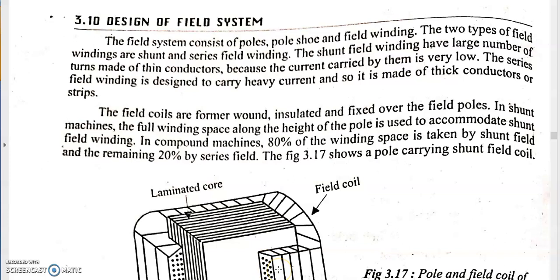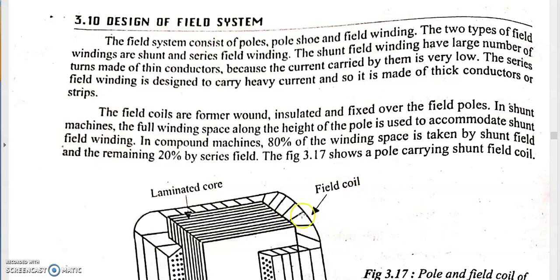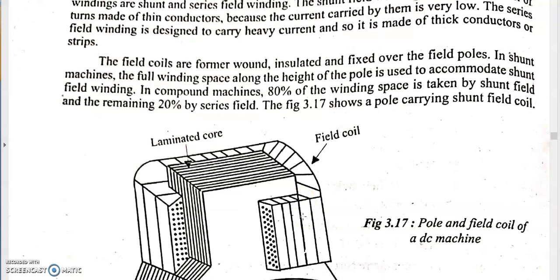And the field coil can be shunt field coil or series field coil, or it can be a combination of shunt and series field winding. Usually the thickness of shunt field winding will be lesser and the thickness of series field winding will be more.